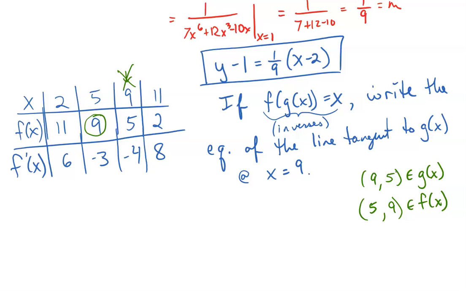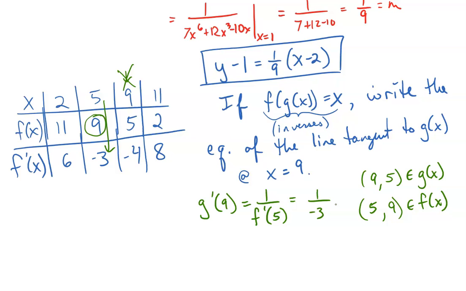So then to write the equation of the line, we need a slope first. So we're going to do g prime of 9 is equal to 1 over f prime of the corresponding value, which is 5. So 1 over, and then do we know f prime of 5? Yes, we do. It's right here, -3. So the slope is -1/3.